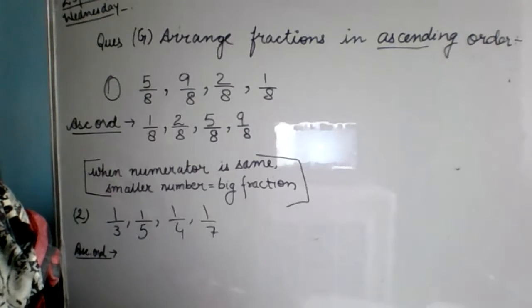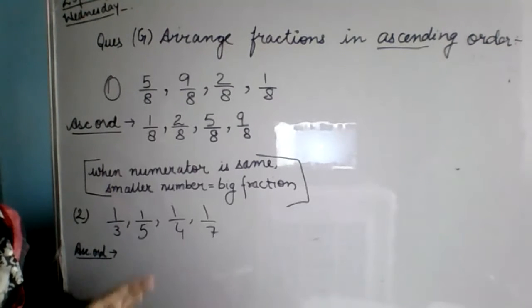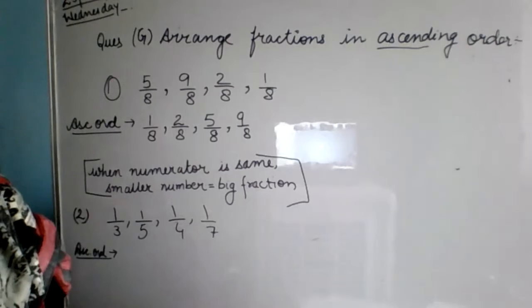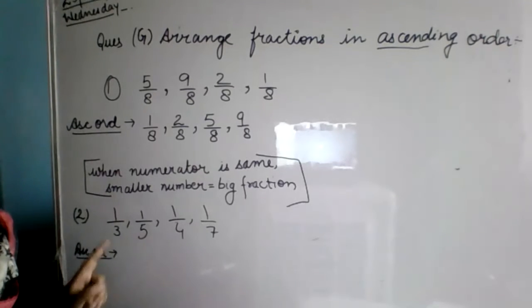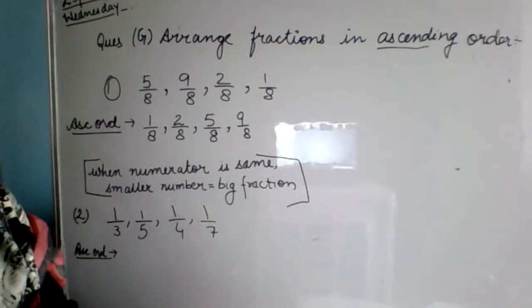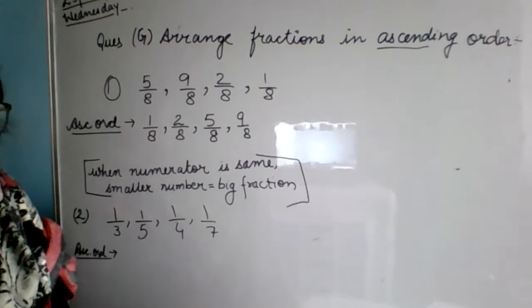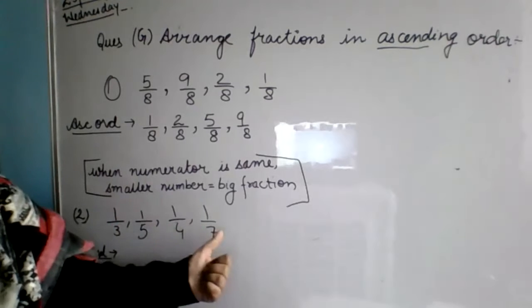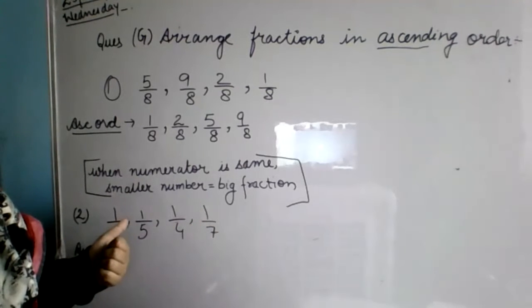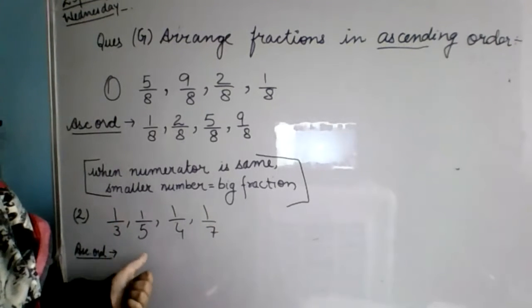Anjali, look here. Don't shout. See, beta, there is one fight between 1 upon 7 and 1 upon 3. I told you, when numerator is same, numerators are same: 3, 5, 4, 7.